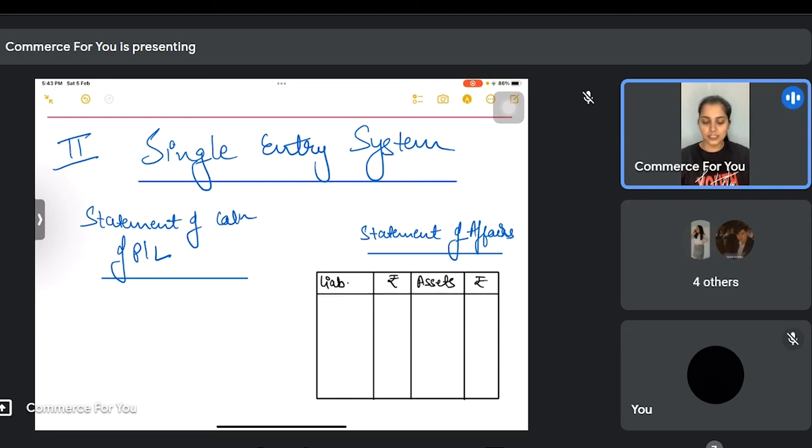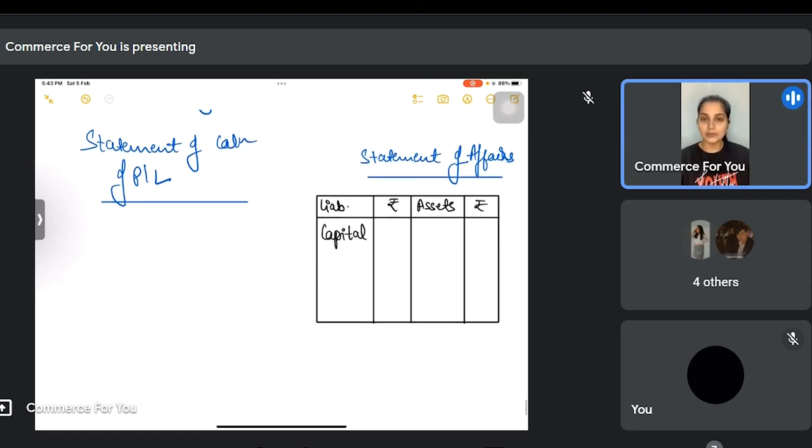In the liability side, you're going to record your capital, closing capital. Okay, and if there are some calculations, let's say if it's like opening capital plus additional capital minus drawings plus net profit you have earned during the year, that all can be done in your working notes. If you feel like you'll lead to cutting in your main answer या फिर वो थोड़ा सा mess create होगा, so it's better to go with working notes.